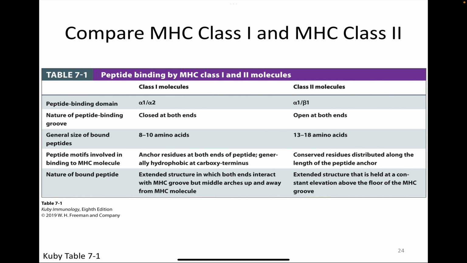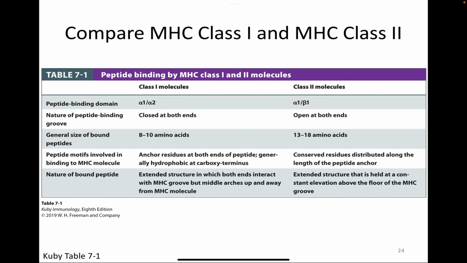So I've got a few different things in the slides remaining today. I have this slide and the next slide, which are really just compare and contrast of class 1 and class 2, so I'm going to mention those really quickly. I also have some other aspects of presentation here, and a couple of problems that we can work through.